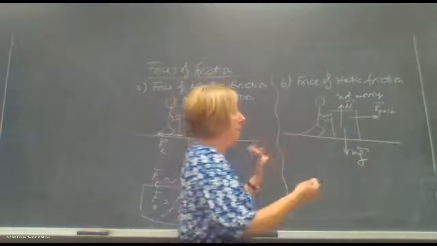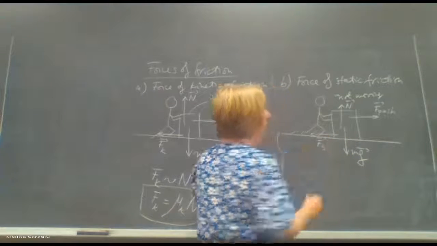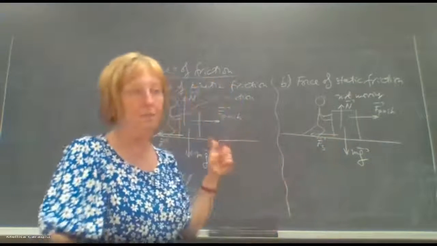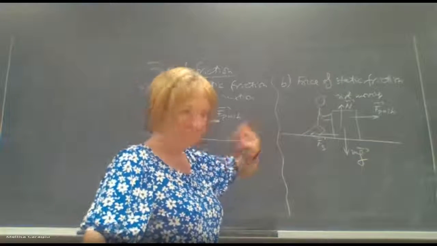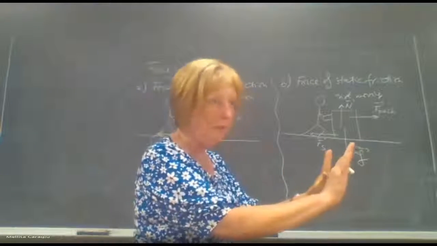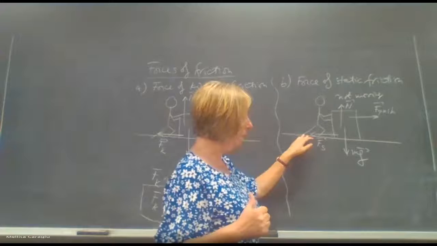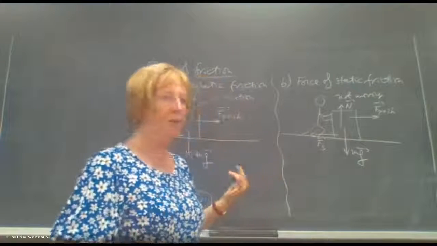So it's obvious you need to say, oh, there has to be a force of static friction. So it doesn't matter that the object is not moving. If you're pushing on it, there has to be a force that basically equilibrates that pushing force.